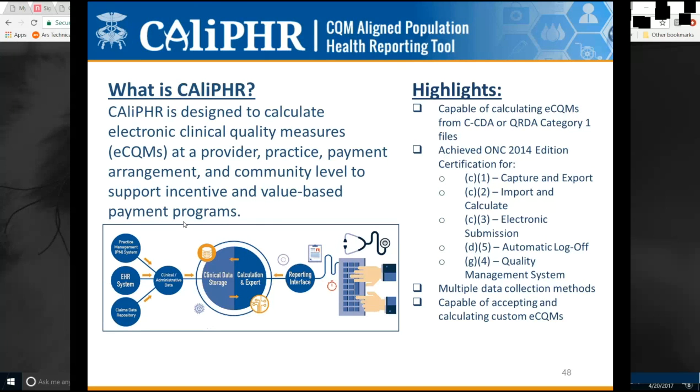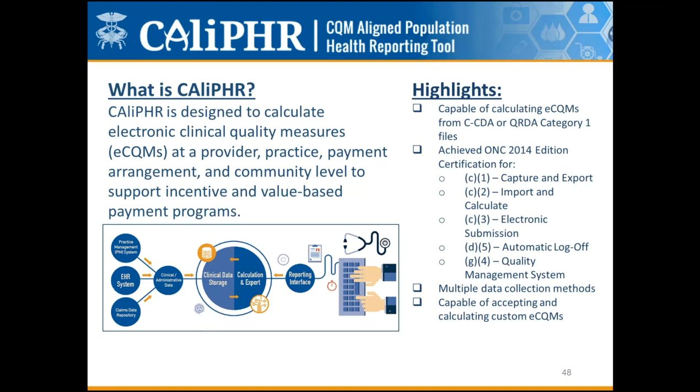So what we found is EHR vendors or third-party solutions are offering clinical quality measurement tools, but the cost of purchasing one of those tools can run anywhere between $25,000 to $50,000, which, if you're a small independent practice, could be well outside your reach. In addition to that, there's a number of experts that are needed to ensure that your coded data in the back end of your EHR is being pulled into that system correctly, so that your measures are calculating and are accurate.